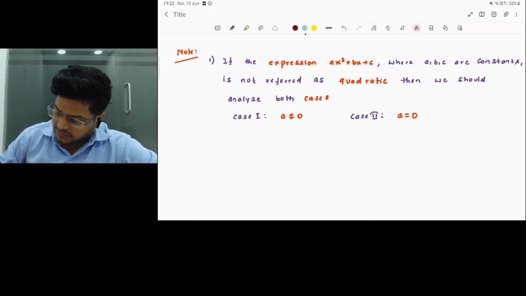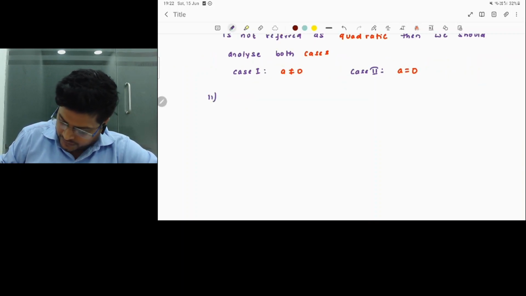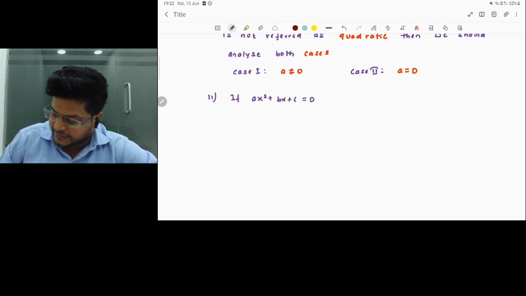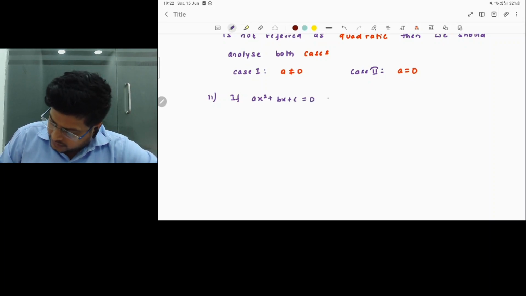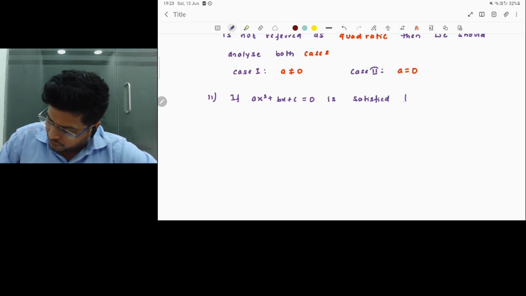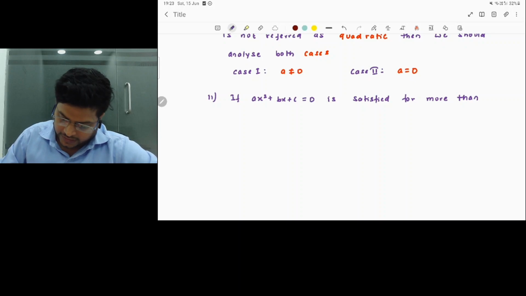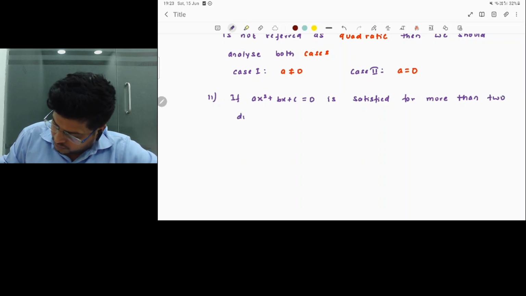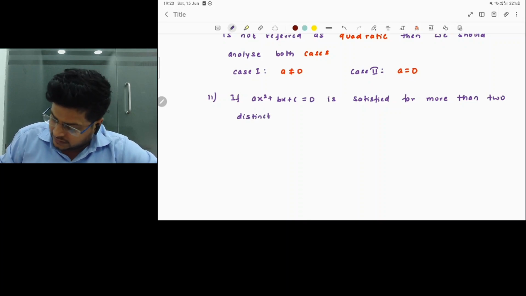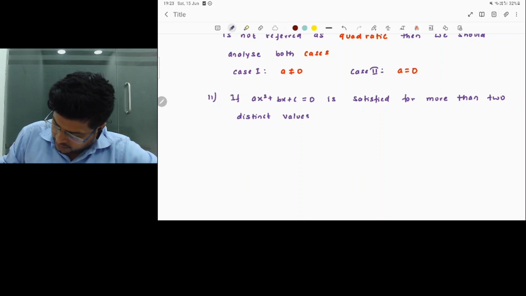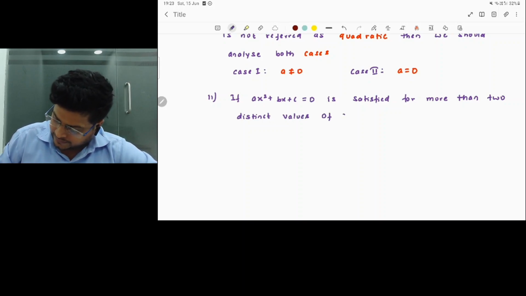Okay, now let us write the second point. The second point is, if ax square plus bx plus c equals 0 is satisfied for more than two distinct values of x, given a, b, c are constants.